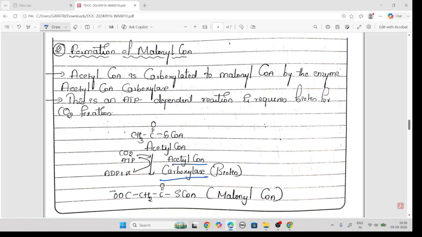When you provide biotin, carbon dioxide fixation happens, and ATP is converted into ADP and Pi. Then we will be getting the malonyl CoA. So for fatty acid synthesis, the major precursor is our acetyl CoA, and the second important precursor is our malonyl CoA.